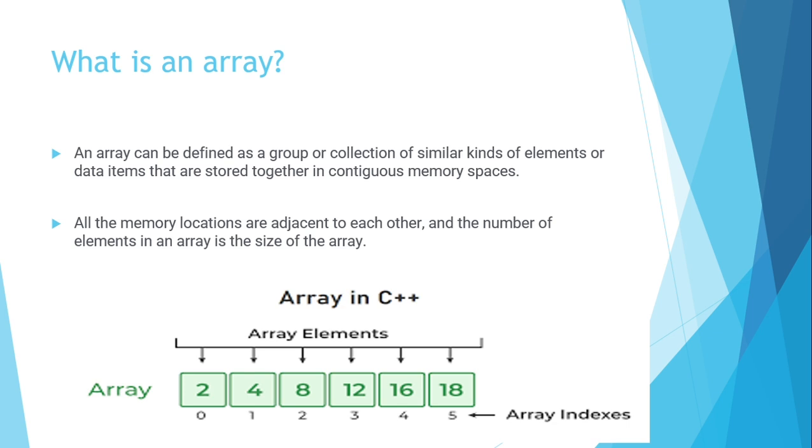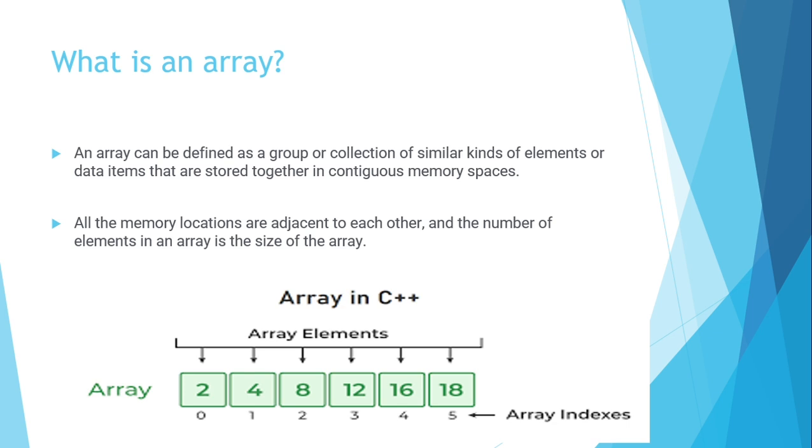But in the case of arrays, many elements of the same type can be used. This reduces the program coding. Many integers, many strings, many characters, everything can be stored in a single array.